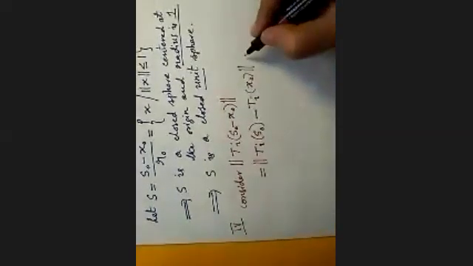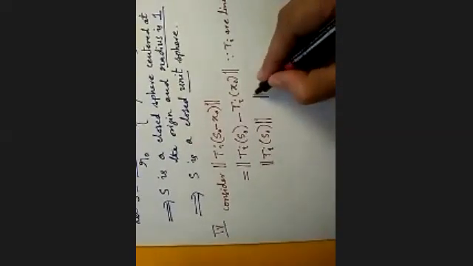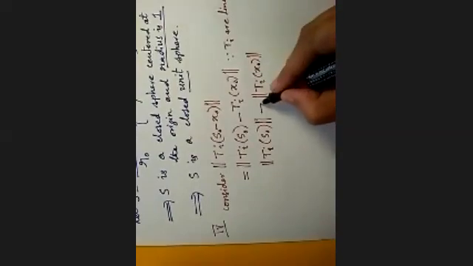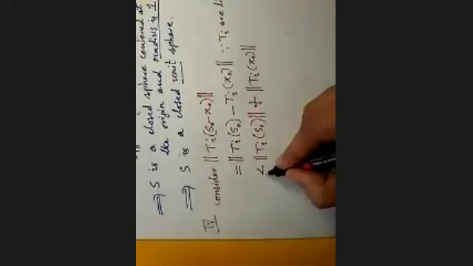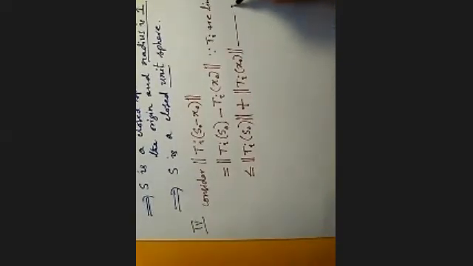Correct? Now we can split this because all our Ti's are linear. I'm splitting the norm now: Ti of S naught, then Ti of X naught. What is the sign here coming? Very, very important, it is plus only. And here it is less than or equal to. Using this fourth property, the norm, we get this less than or equal to norm of the first one plus norm of the second one. We'll call this as 2.